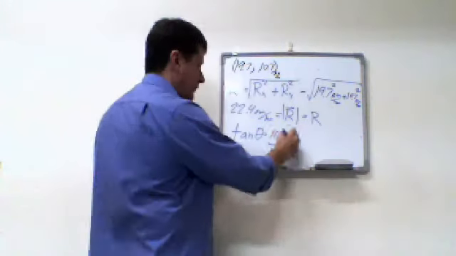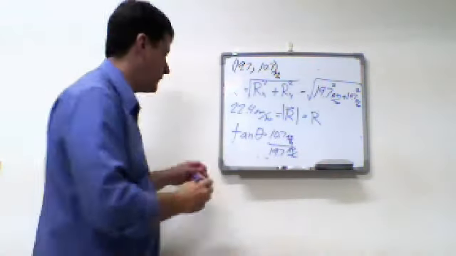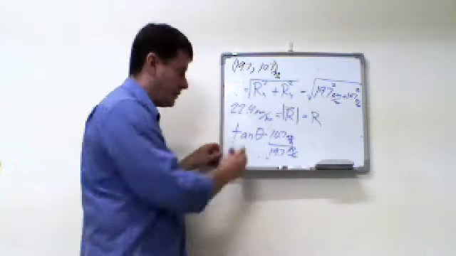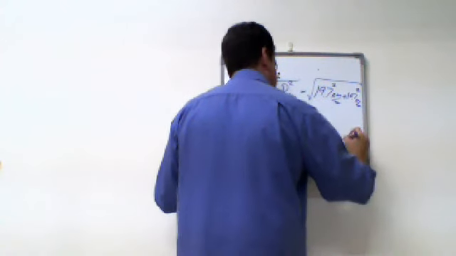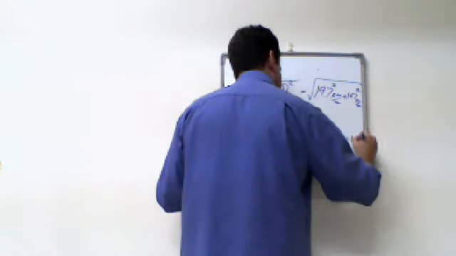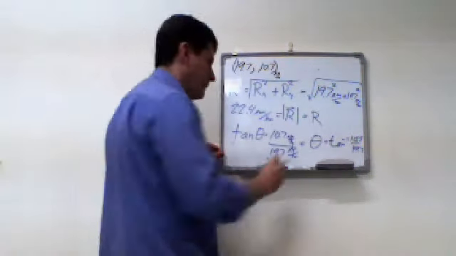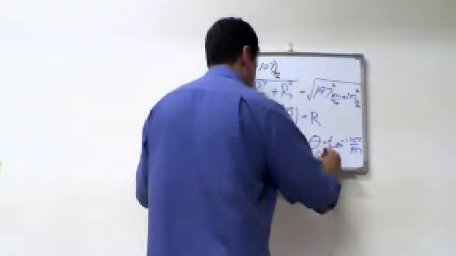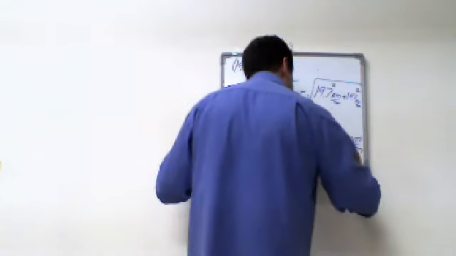The units are going to cancel out. We have our pure number, 10.7 over 19.7. What we do is take the arctan of both sides. So we're going to have theta is equal to the arctan of 10.7 over 19.7. And when we crank that through and solve, we have that theta is going to be equal to 28.5 degrees.